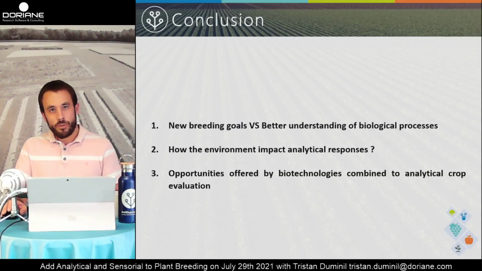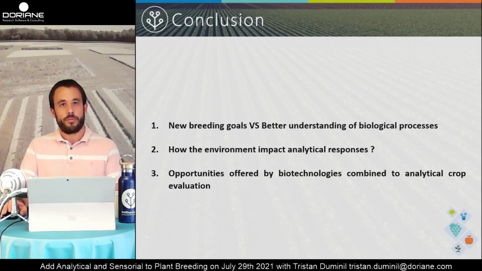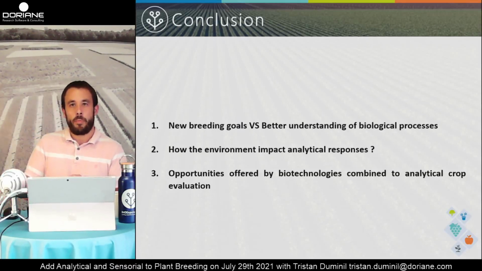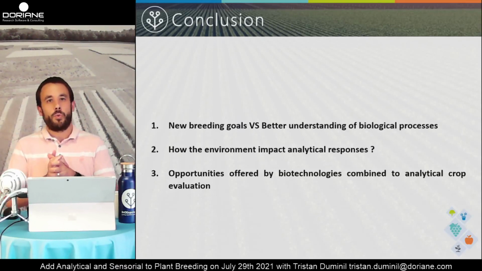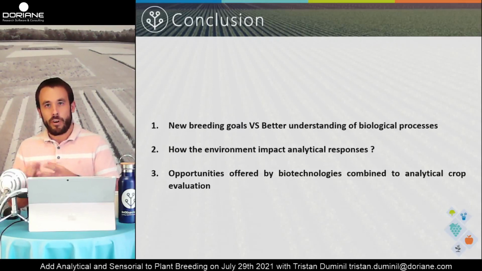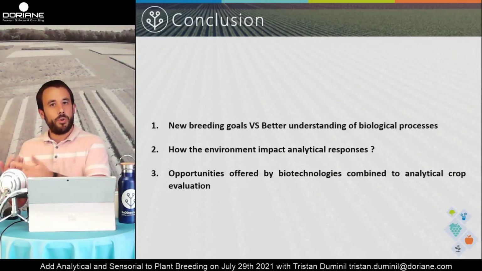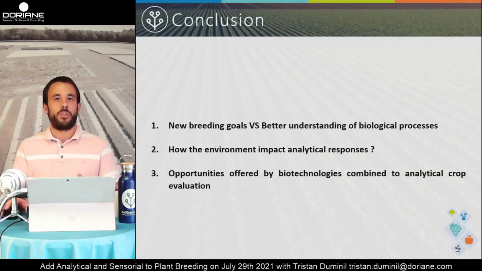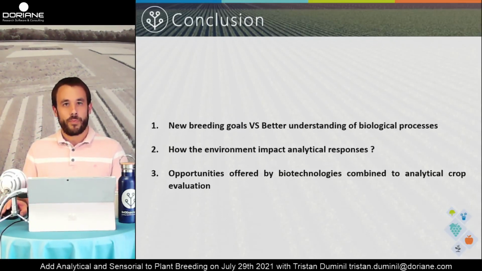It also results from a better understanding by science of biological processes which can now be used in plant breeding programs. It implies integrating into the breeding pipeline further activities with new biological traits to characterize and track, with the same constraints of multiple-year processes and the same high impact of environment on cultivar responses.